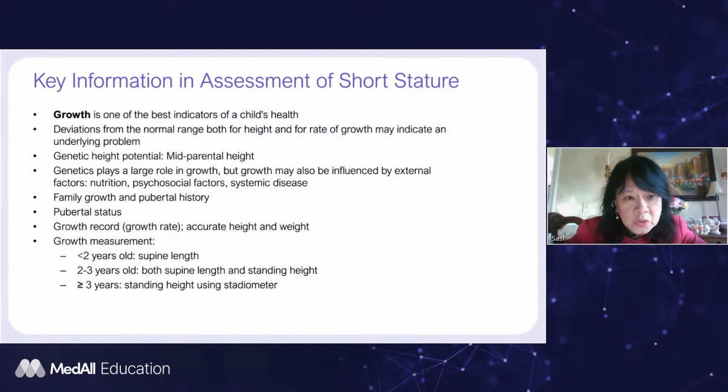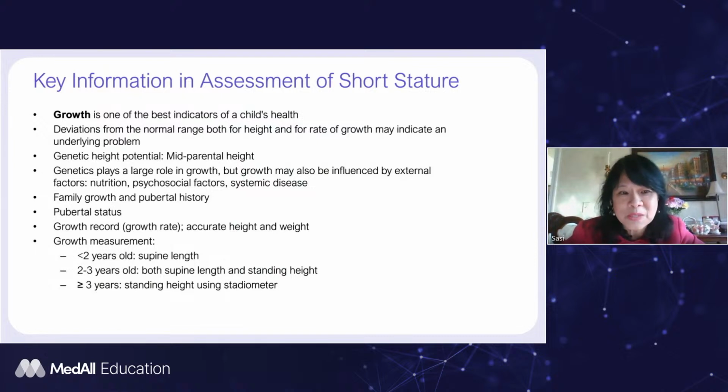We also need to ask about family history, growth and pubertal history, because timing of puberty plays an important role in growth. We need to look at the child's pubertal status as well, because sometimes we see an adolescent with no growth in the past couple of years, and it turns out the child developed early puberty and has finished growth.